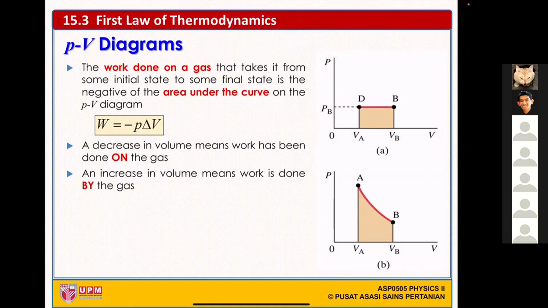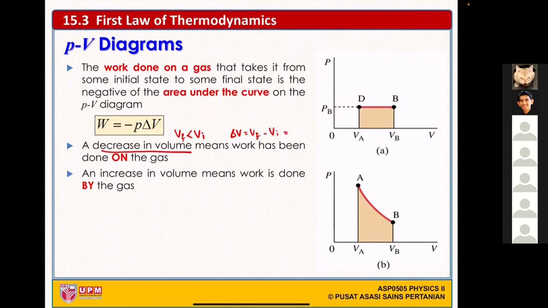Okay, so a decrease in volume means work has been done on the gas. Maksudnya apa? Kalau dia kata the decrease in volume, maknanya V final is less than V initial. Bermaksud the change in V adalah sama dengan V final tolak V initial.